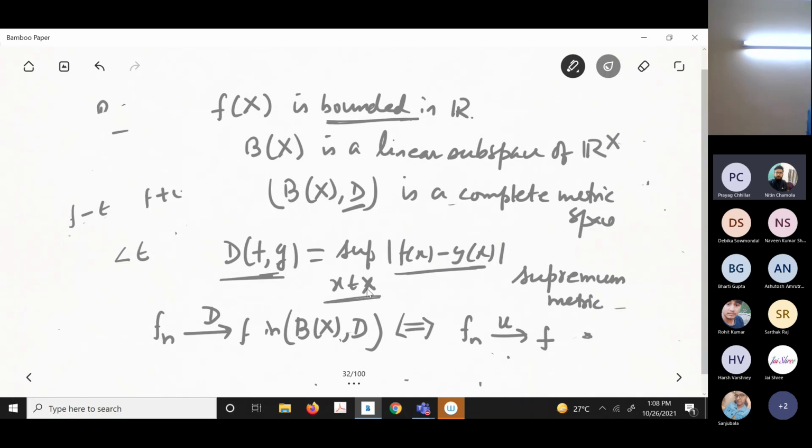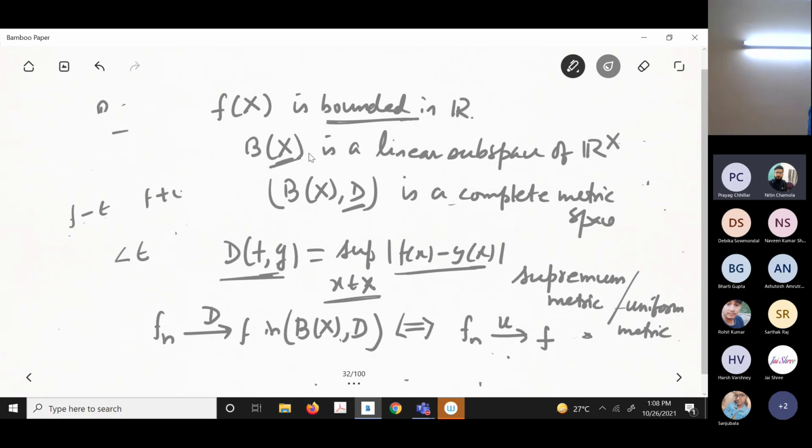So this convergence is uniform convergence. That's why the supremum metric is also called the uniform metric. Got it? Now, here I don't need any topology.